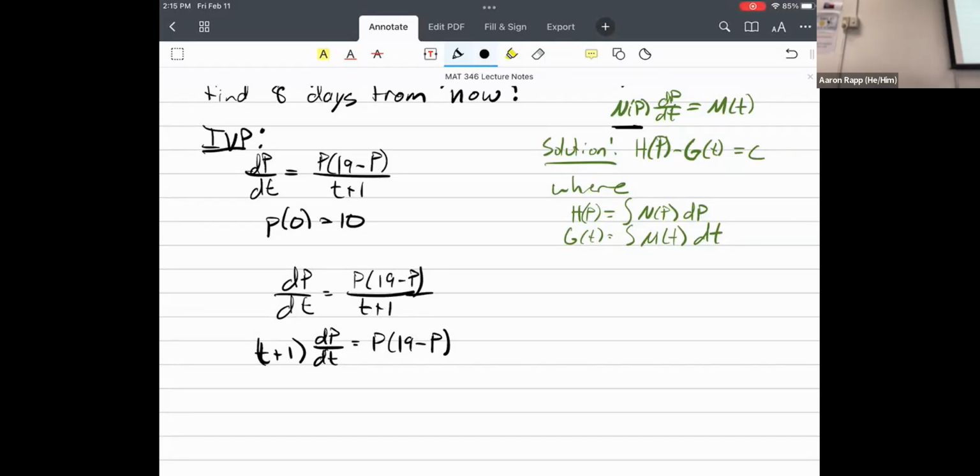I don't need a function of my independent variable here. I need a function of my solution, which means I probably shouldn't be moving the t's. What should I be moving instead? The P's. So I don't want to multiply both sides by t plus 1, but instead I want to do what?